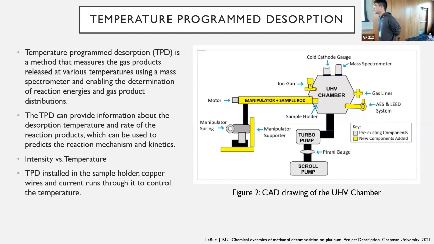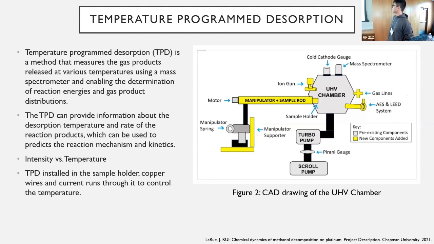Within the UHV chamber, the TPD will be installed in the sample holder. There will be copper wire connecting to it, and current will run through it in order to control the temperature and heat it up.